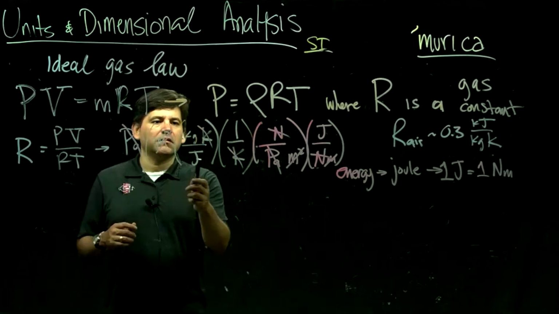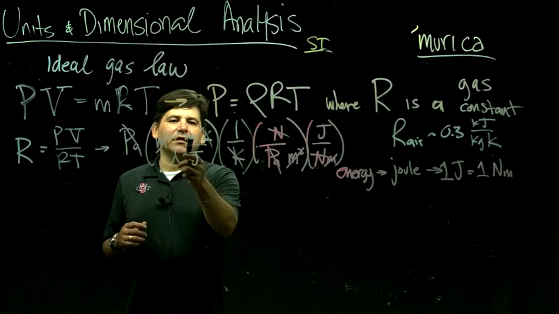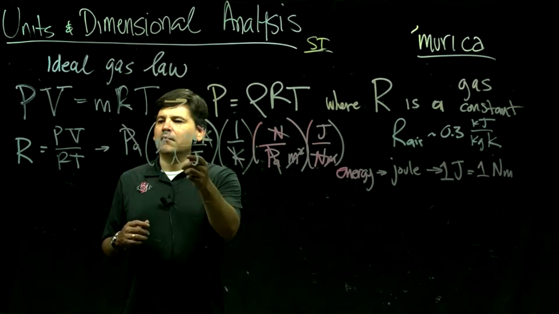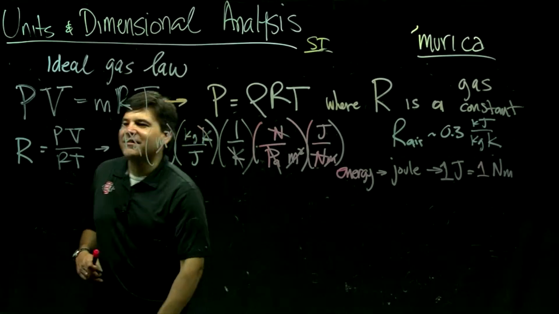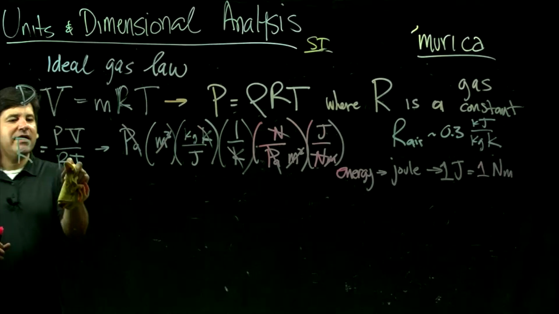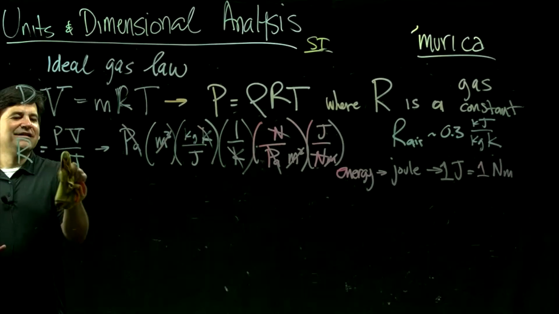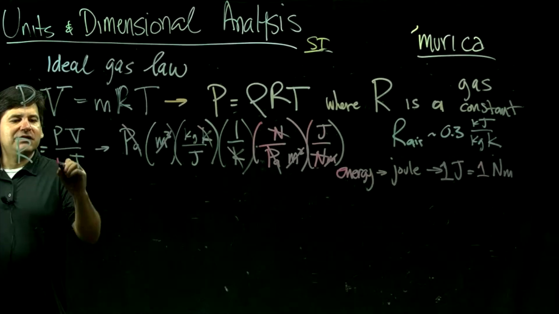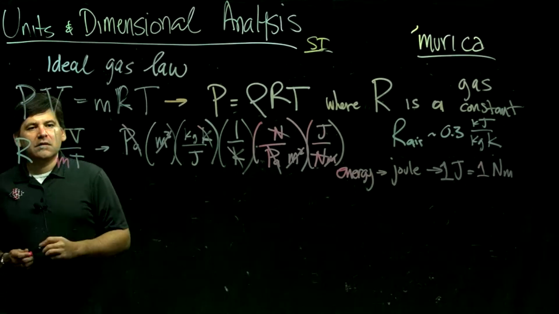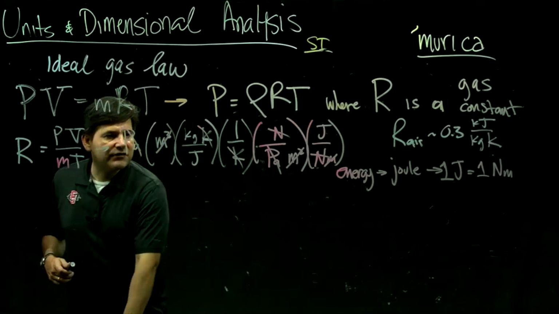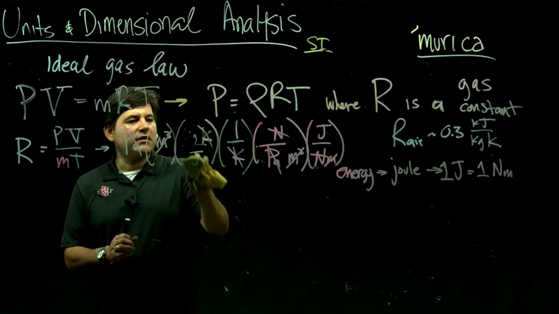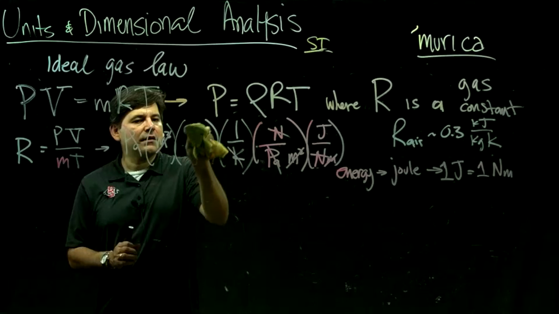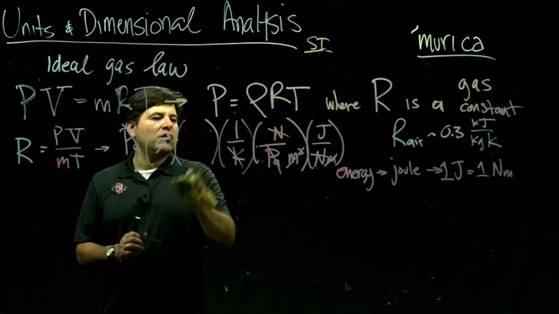R is joules per kilogram Kelvin. Oh wait, that's what I did. I am tripping. Sorry everyone, this should be joules per mT. M should be here instead of this. There should be 1 over kilogram here.